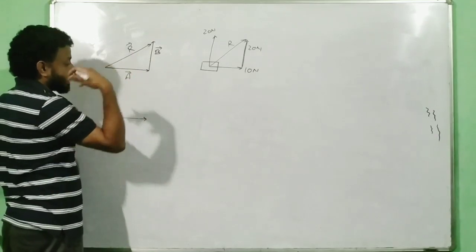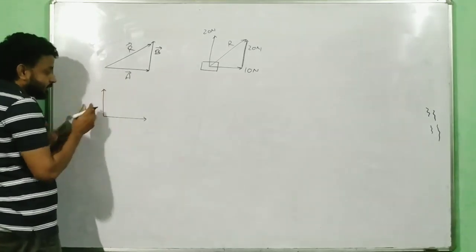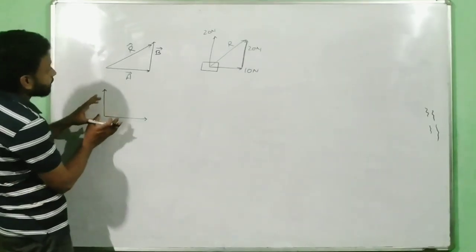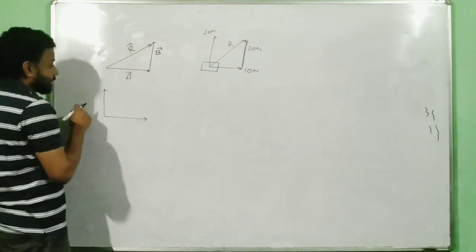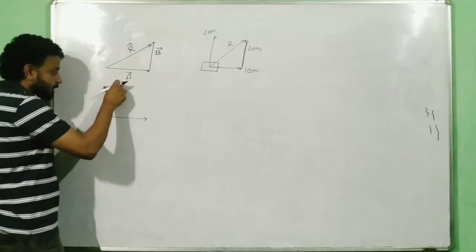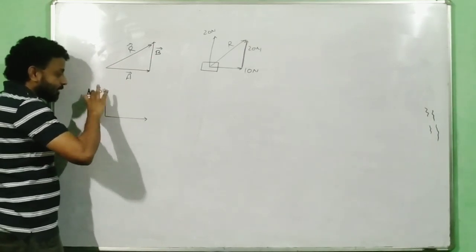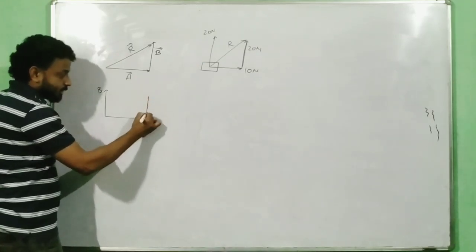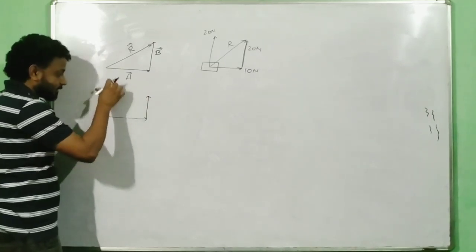And if the question says there is another vector acting along the y direction, you cannot draw it like this, because it has to look like a cyclic loop. Even if somebody says that a vector B is acting here, you can very safely shift it and put it over the head. Once you have put this over the head, then you can remove this part.